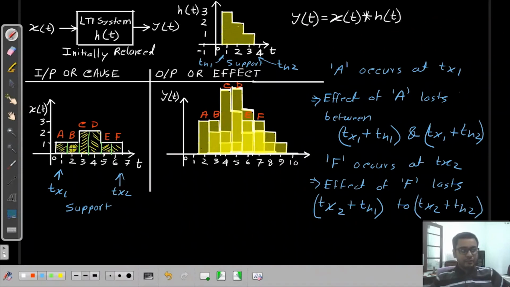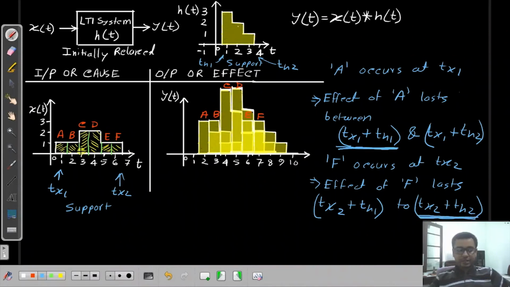And similarly for all other intermediate portions, their effect will last from some point between these two extremes. So this is one extreme and this is another extreme.